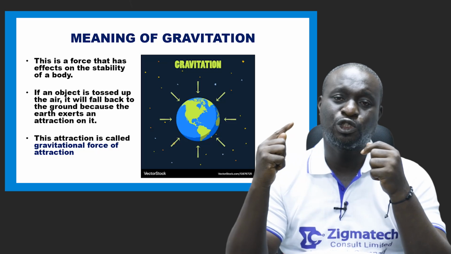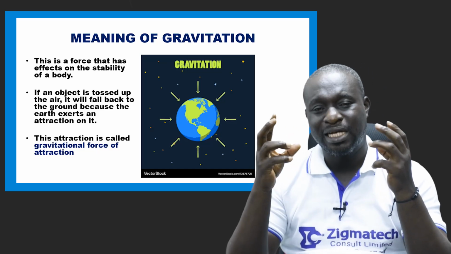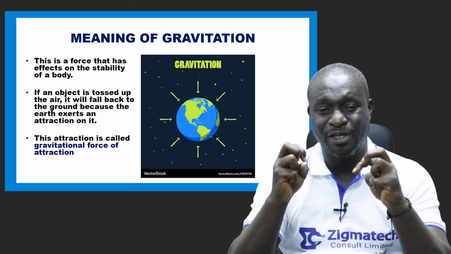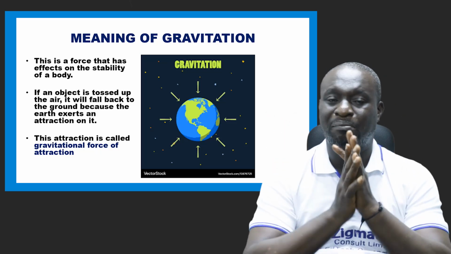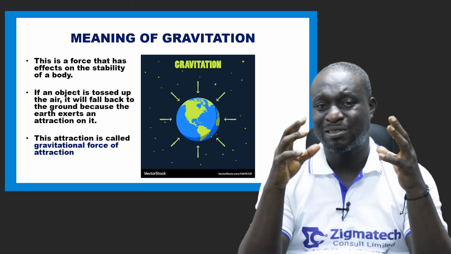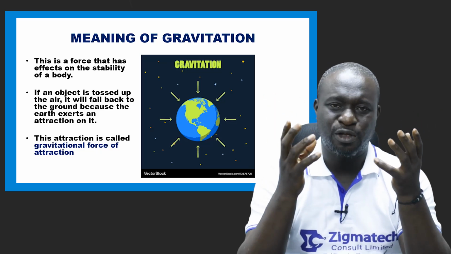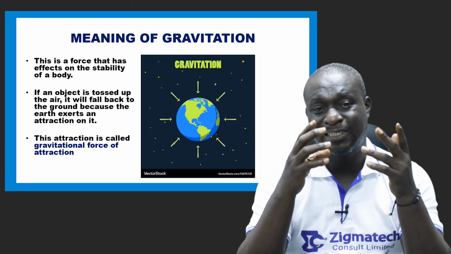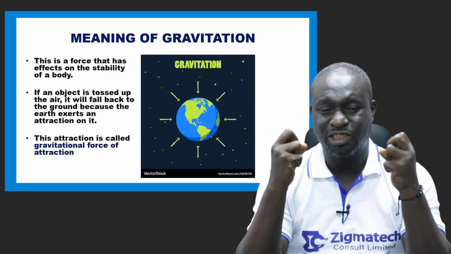In fact, for objects to overcome the gravitational influence of the earth and escape to outer space, that velocity is what we call the escape velocity. It is the velocity needed by an object to overcome the gravitational effect of the earth.